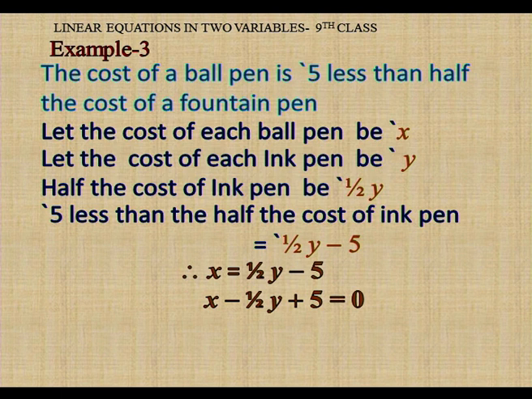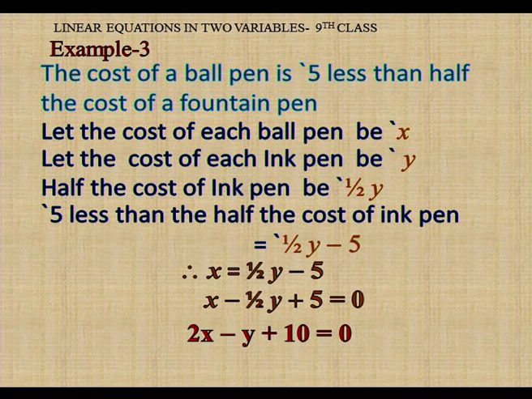Now, we can leave it like this, or since y is in fraction form, instead of half y we can also write y by 2. Now, I will multiply the whole equation with the LCM of the denominators, that is 2. Then I will get the new equation, 2x minus y plus 10 is equal to 0.